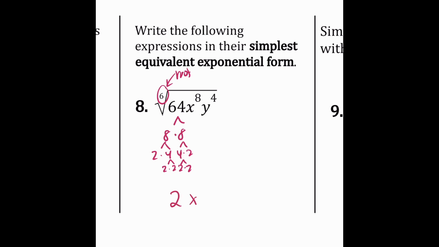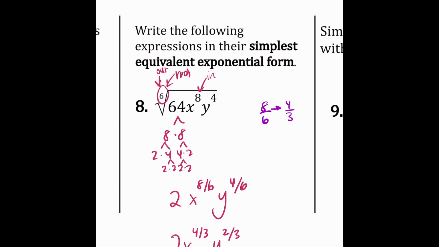X to the power of 8 over 6, because we have in, this is out. My next base is y, 4 to the power of 4 over 6. If I simplify, 8 over 6 simplifies to 4/3. Y to the power of 2/3. Again, all I'm doing is 8 over 6 simplifies to 4/3.